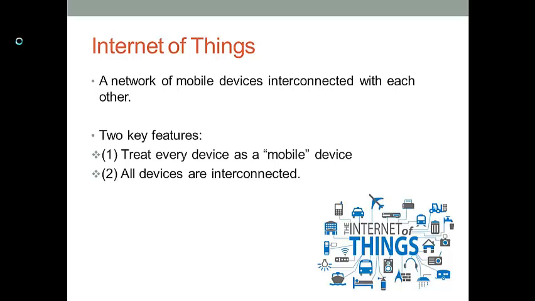The second key feature of an IoT system is all devices are interrelated to each other. This means a user can use mobile device A to control all other devices in an IoT system. For instance, a user can use his iPhone to control his Tesla car.